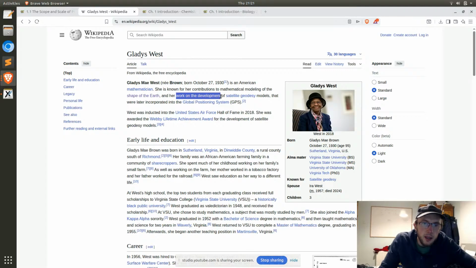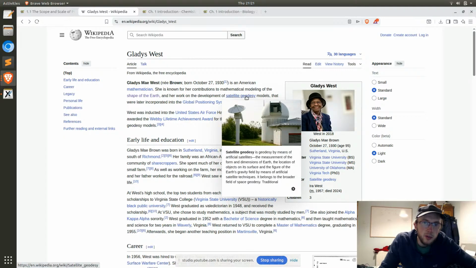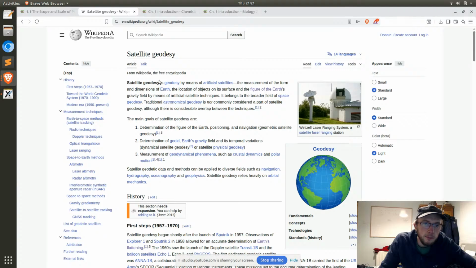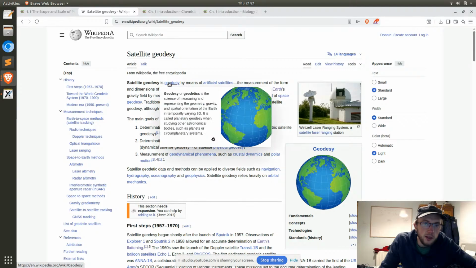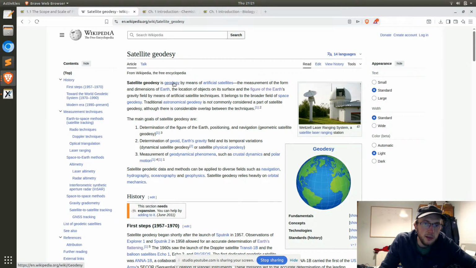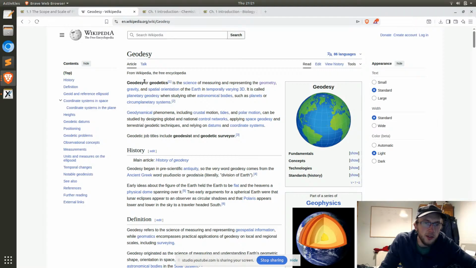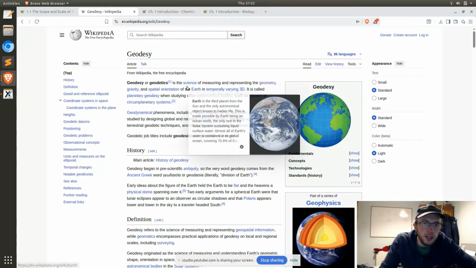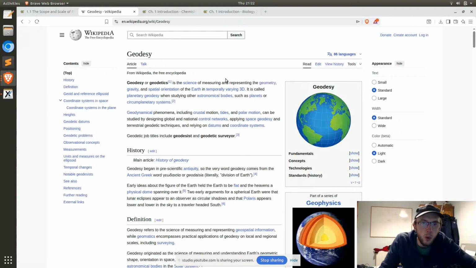And her work in the development of satellite geodesy models. Okay, what's that? Satellite geodesy is geodesy by means of artificial satellites. Okay, what's geodesy? Geodesy or geodetics is the science of measuring and representing the geometry, gravity, and spatial orientation of the Earth in temporally varying 3D.